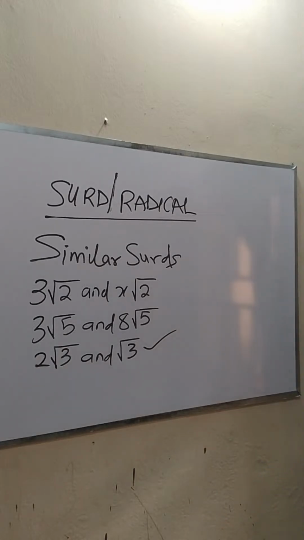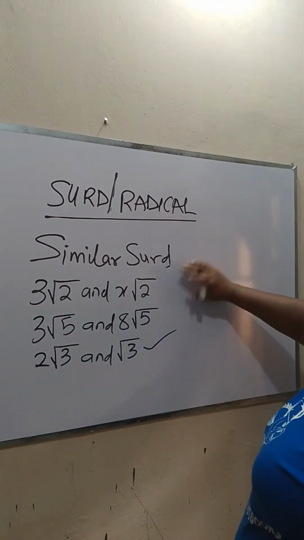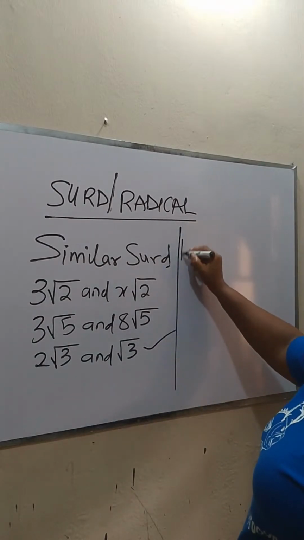When you have all that, they are similar surds. So these surds are similar. So we talk about the non-similar surds.